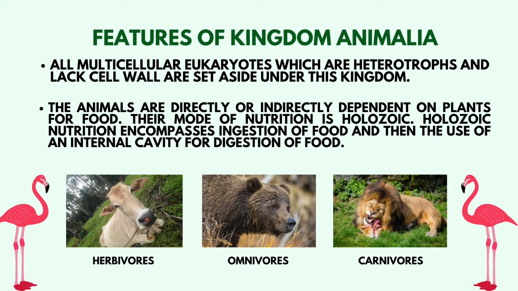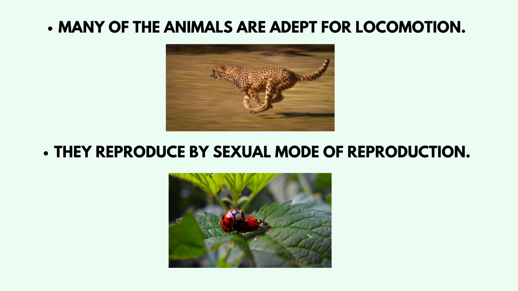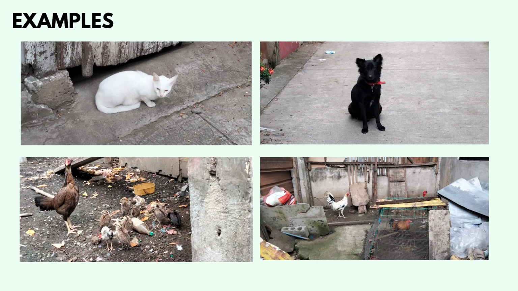The animals are directly or indirectly dependent on plants for food. Their mode of nutrition is holozoic. Holozoic nutrition encompasses ingestion of food and then the use of internal cavity for digestion of food. Many of the animals are adapted for locomotion. They reproduce by the bisexual mode of reproduction. These are examples of animals under the kingdom Animalia.